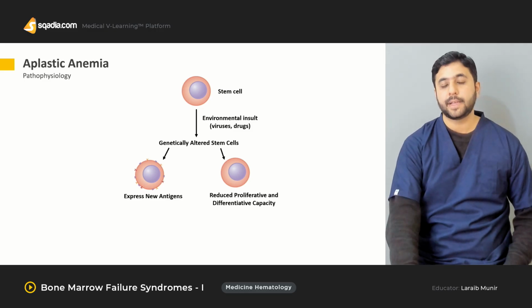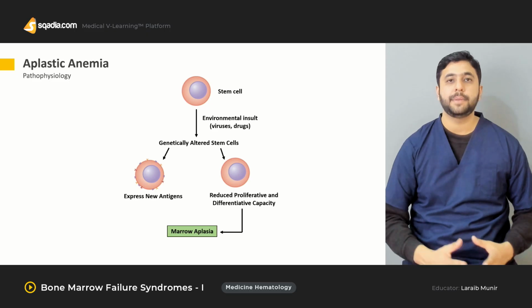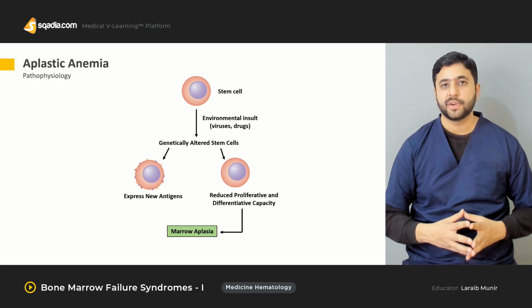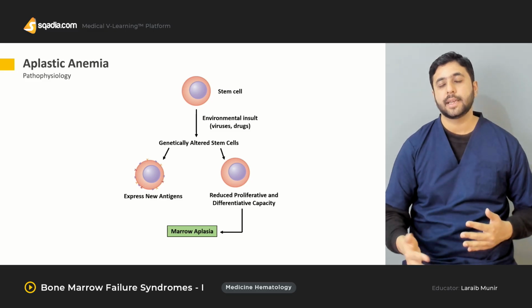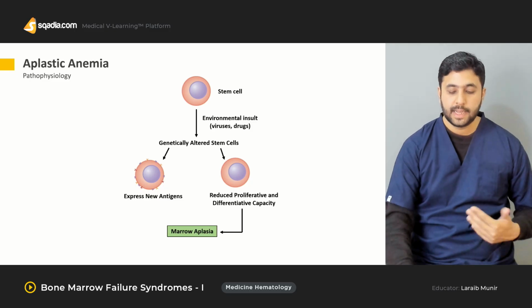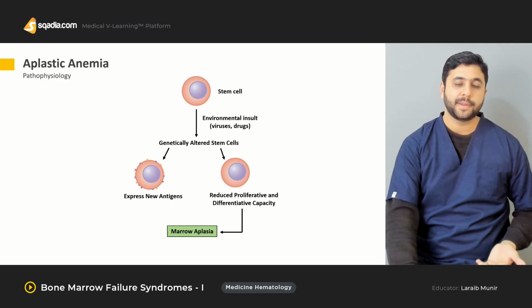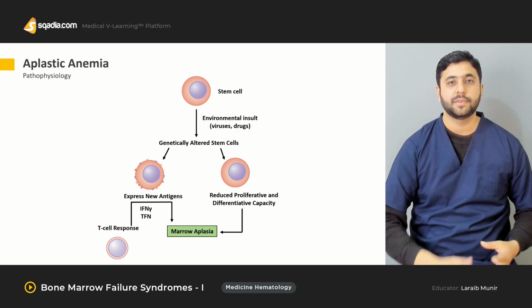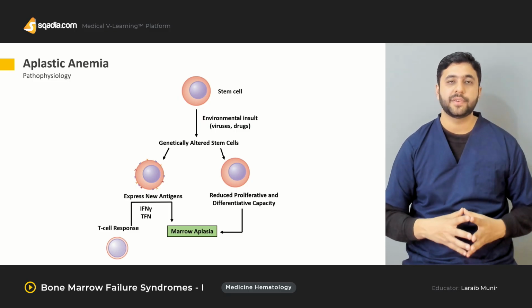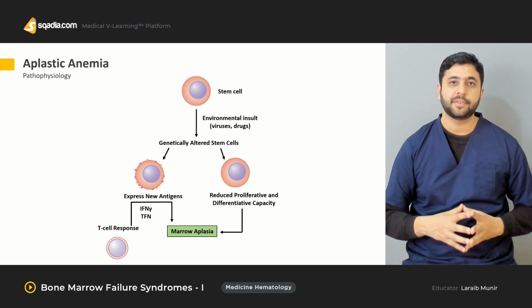Now, this reduced capacity eventually leads to aplasia of the bone marrow and interferes with normal functioning. The bone marrow cell lineages can go down, of all types, like the white blood cells or the platelets. Immunologically, if the cell expresses the new antigens, then it becomes the target of various types of T cells, like the cytotoxic T cells. They release different cytokines like interferons and TNF alpha.